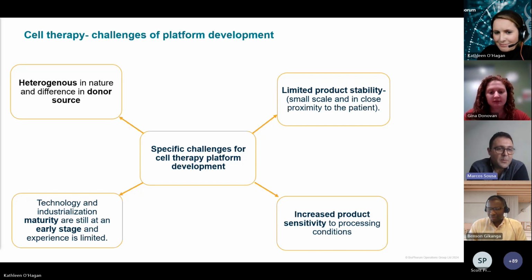We are looking at basically four main pillars around these specific challenges, and we can go from the heterogeneity of the cells, since we always rely on the initial donor. We know that this approach can lead to a very limiting product quantity and stability, which allows us to understand how we can go from an autologous approach down to allogeneic and, I will put in between commas, a universality approach.